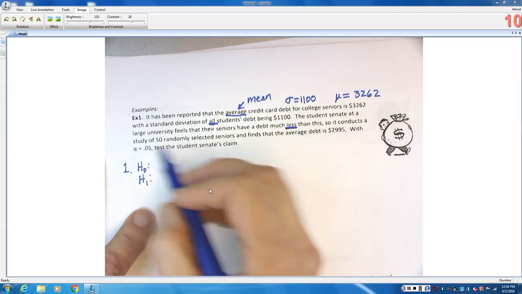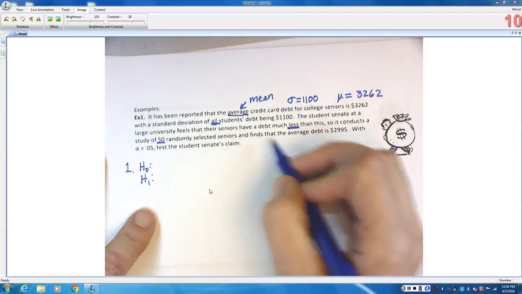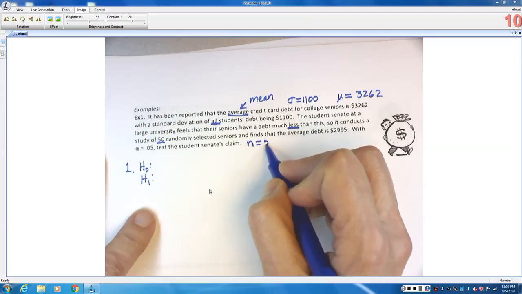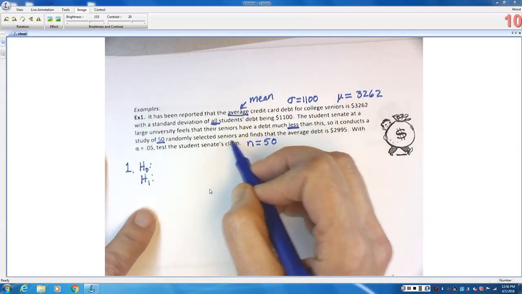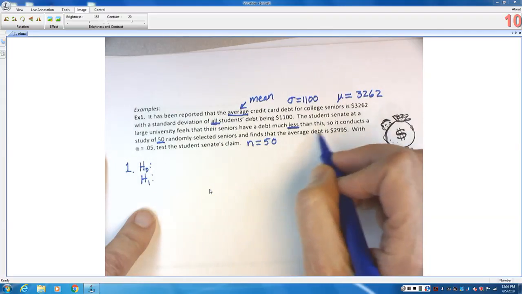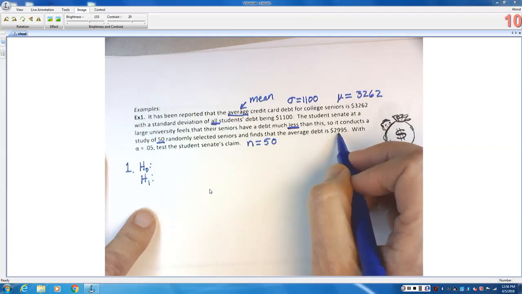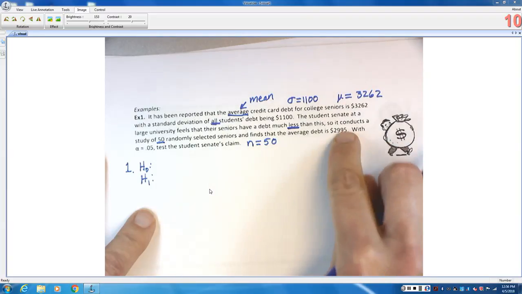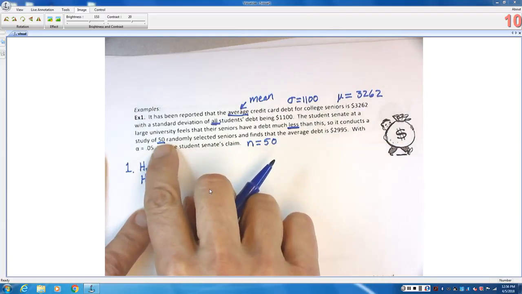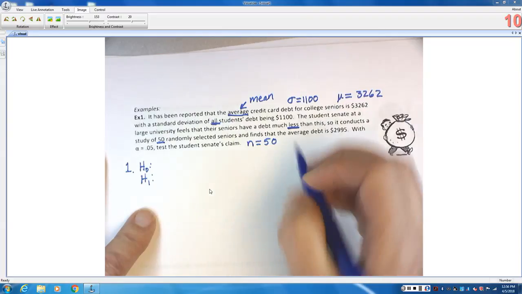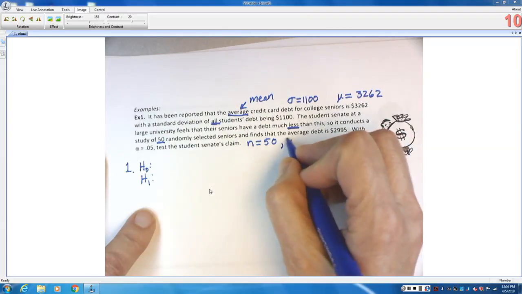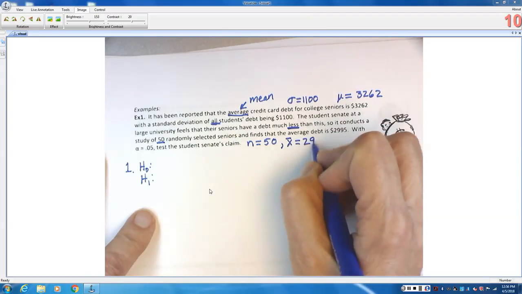So it conducts a study of 50, so that's our n is 50, randomly selected seniors, and finds that the average debt is $2,995. That's referring to the 50 randomly selected seniors, so that's a sample, so x bar equals $2,995.